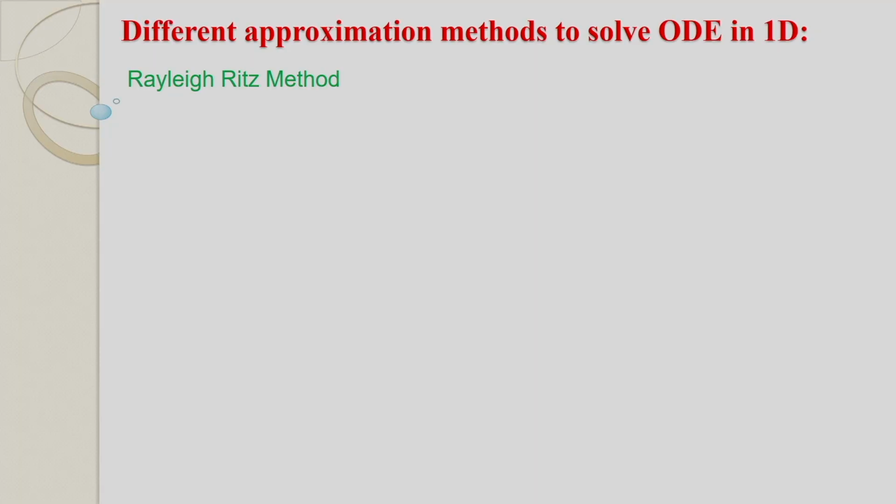Now, we will see another approximation method which is Rayleigh-Ridge method. Here we have to start from variational statement.